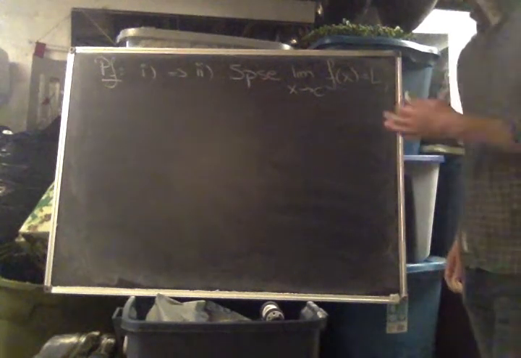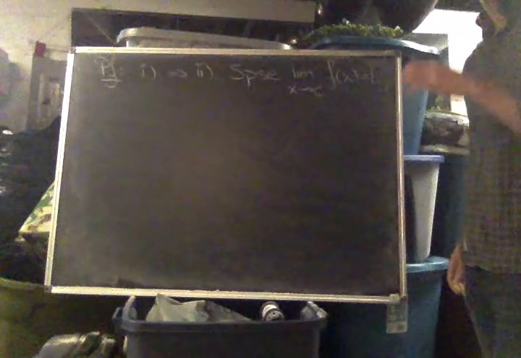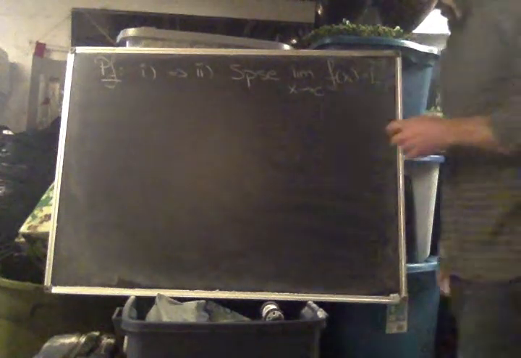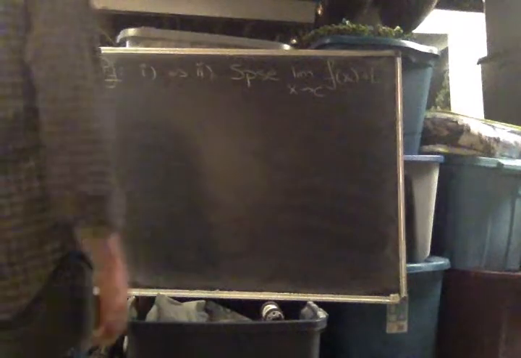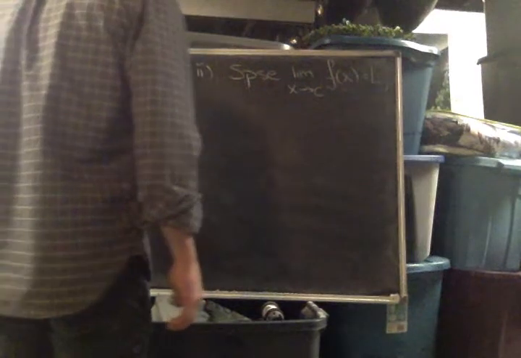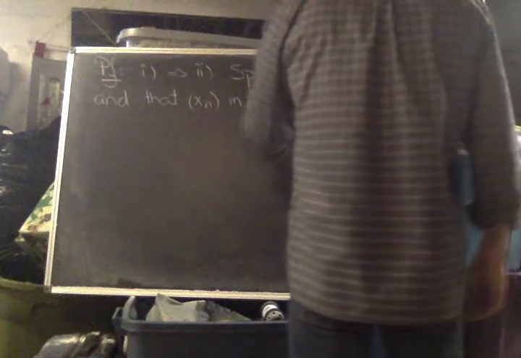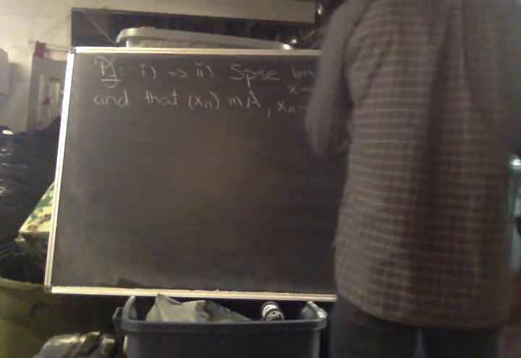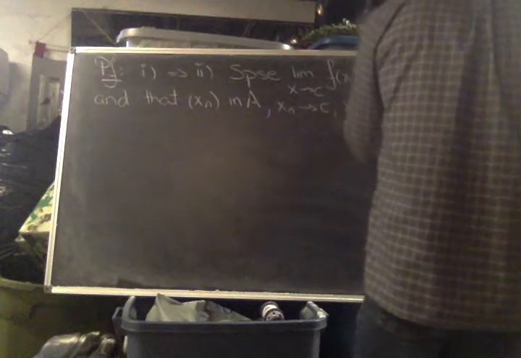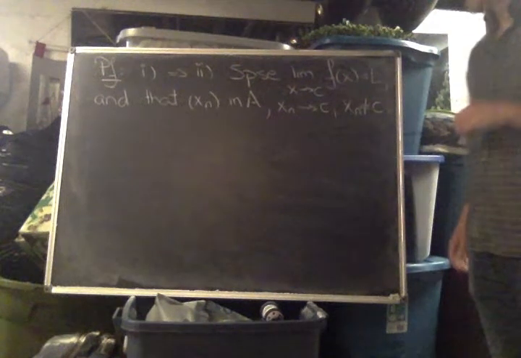So we want to let such a sequence be given, and we want to prove that f of that sequence then converges to L. Okay? So suppose that the limit as x approaches c of f of x is L, and that xn belongs to A, xn converges to c, and all the xn's are not equal to c. In other words, assume that we have one of those sequences from the statement of the theorem.